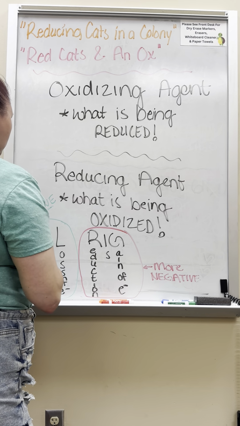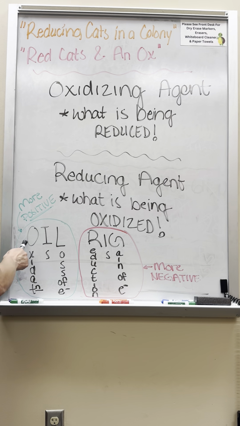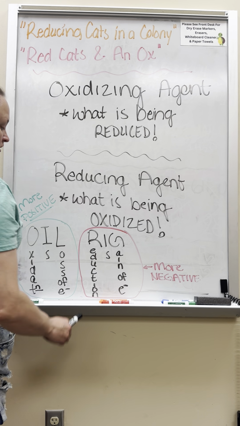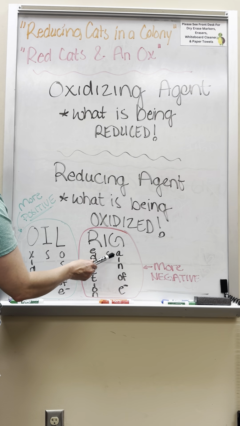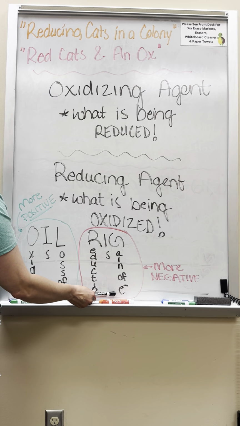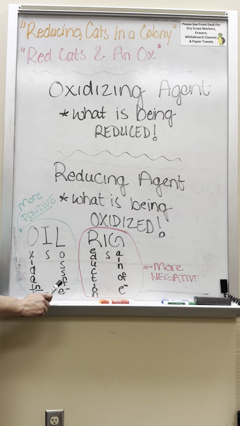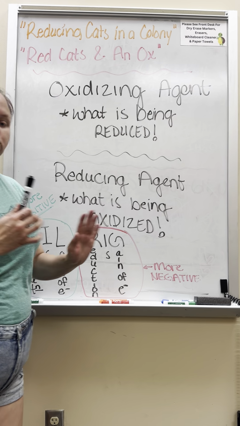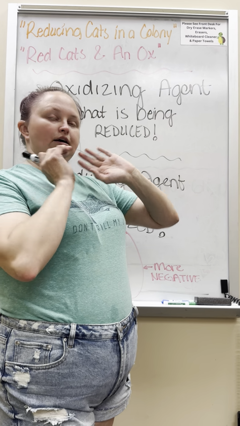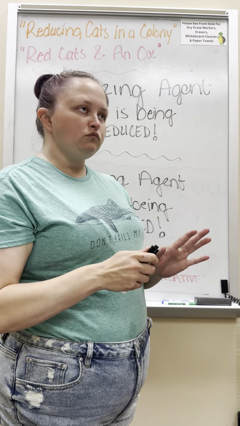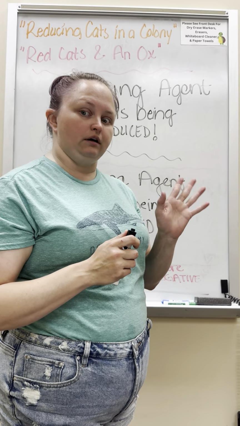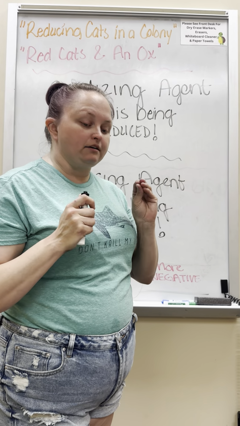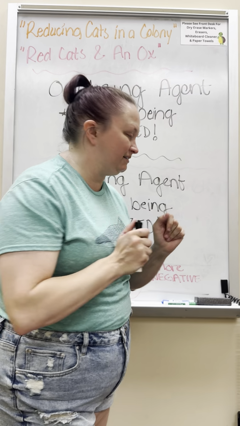Okay? And we have this term here, OIL RIG. Oil: oxidation is loss of electrons. Rig: reduction is gain of electrons. Now, when you lose electrons, you're losing electronegativity, so you are in fact becoming more positive.